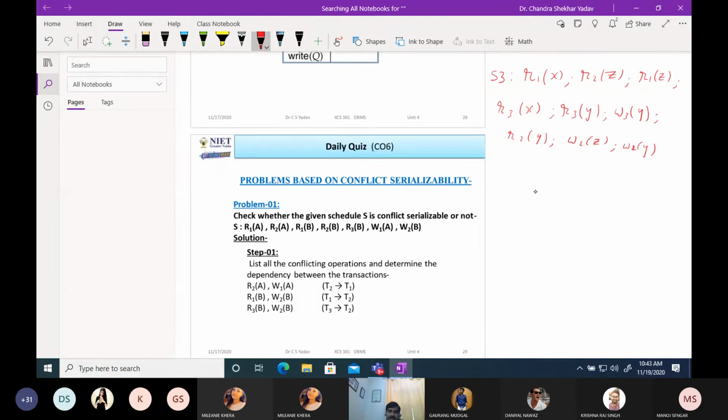If a cycle is present, then it is not conflict serializable, and if no cycle, then it is conflict serializable. Now solve this question and let me know whether this schedule S3 is conflict serializable or not.